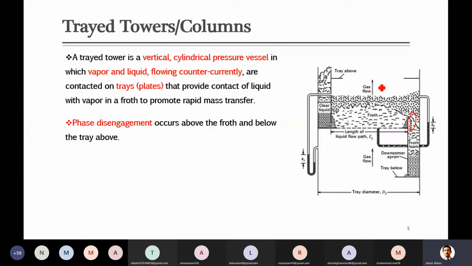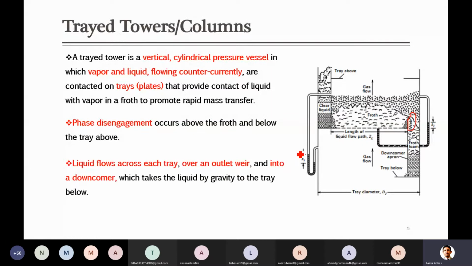In this section, before reaching the next tray, the liquid droplets being carried with the vapor will simply drop down due to gravity. The vapor pulls them up with the force of buoyancy, but later they fall down, unless there is a very high pressure of the vapor that carries all the liquid towards the top.